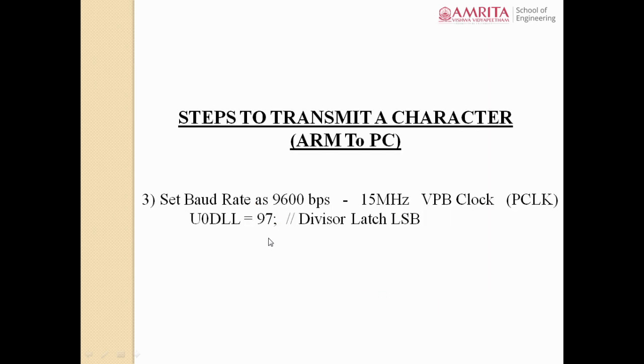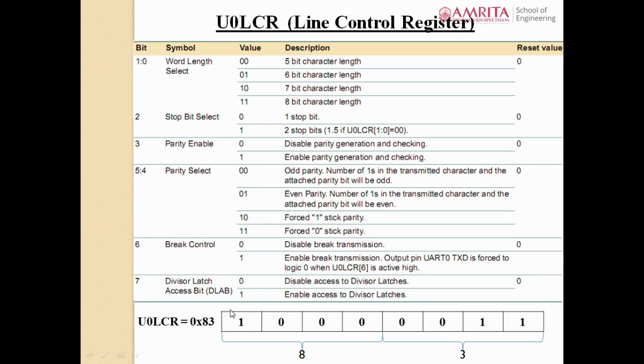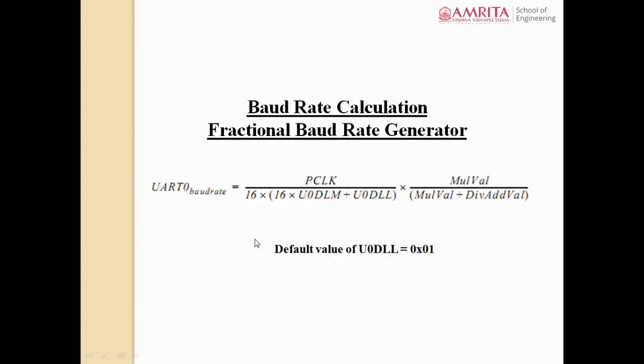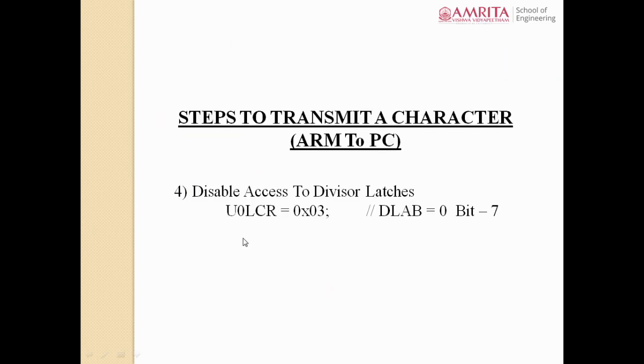Then only you can write this 97 to U0 DLL. So in step 2 you enable DLAB, and in step 3 you configure the divisor latches. Here I am configuring only U0 DLL. After configuring this value, what will be the fourth step? In the fourth step, you should disable the access to the divisor latches. That means you are locking the access.